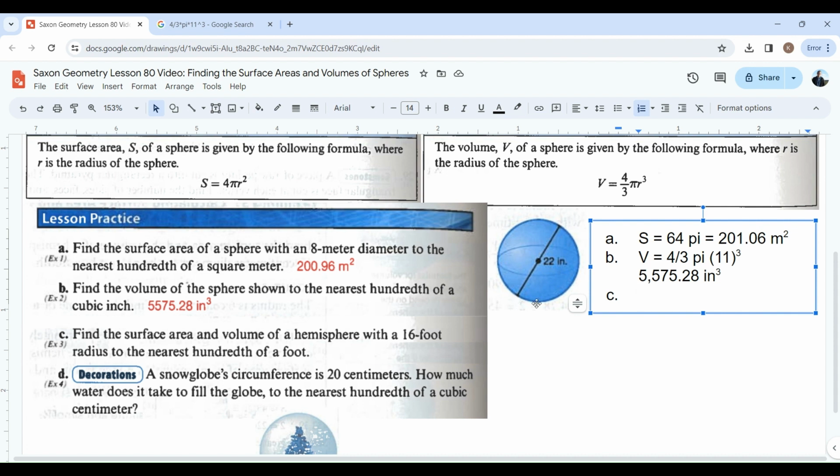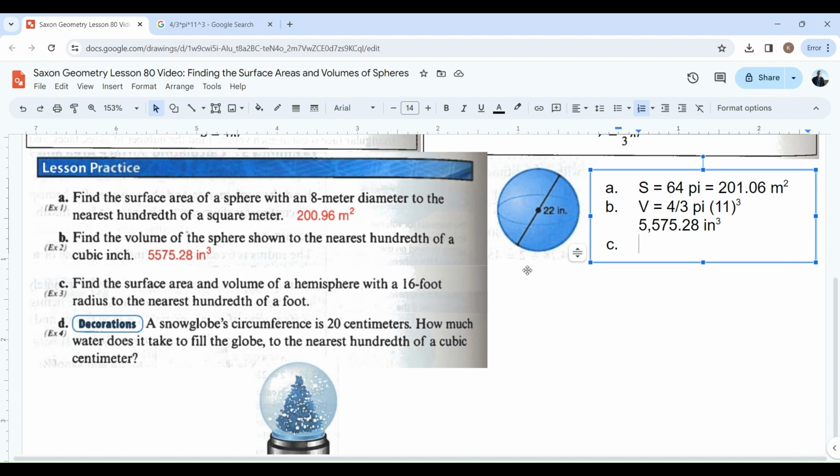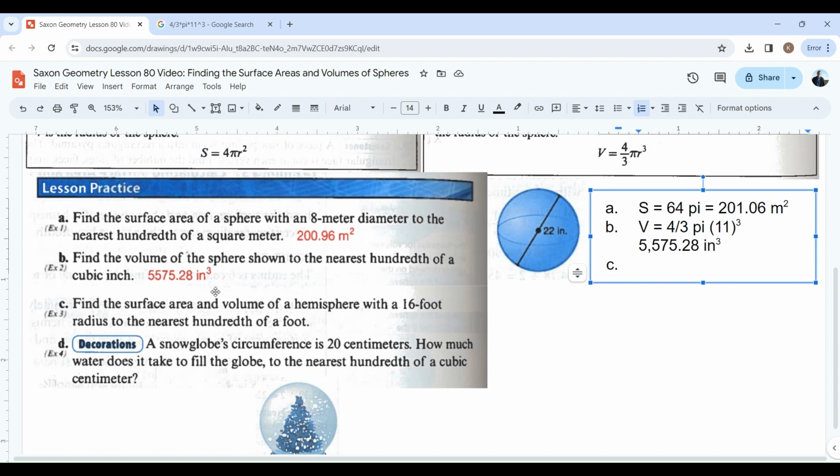If I cut this in half, there's going to be this solid, and it's a solid sphere, there's going to be this circle that I need to find the area of as well. So what I need to do is add half the surface area of the sphere to the surface area of the circle that has the same radius as the sphere. Okay. And again, it's just because when I cut it in half, what's going to be exposed to the outside air? The outer curved edge of the sphere, but also where I cut it, that flat circular surface as well.